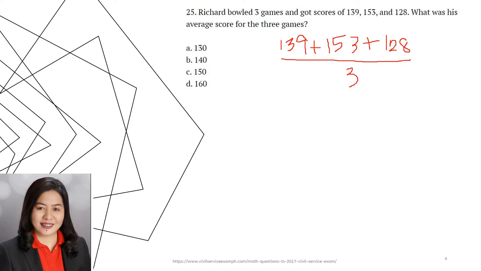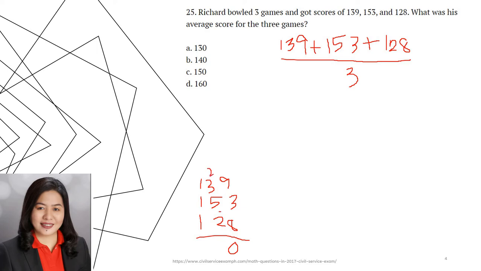So we start first by adding. Of course you need to have your scratch paper. So 139 plus 153. We're used to solving adding numbers vertically, plus 128. So that will be 12, carry 2.